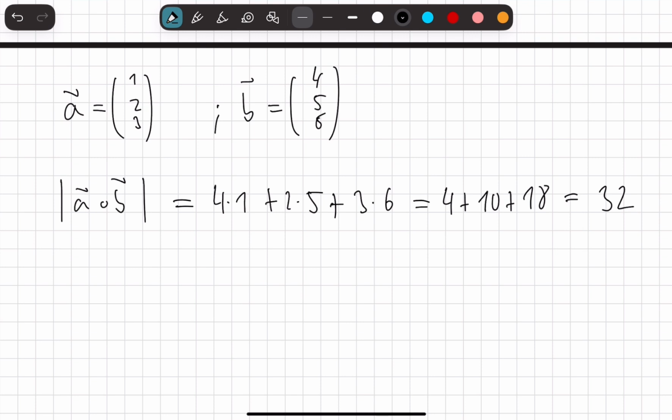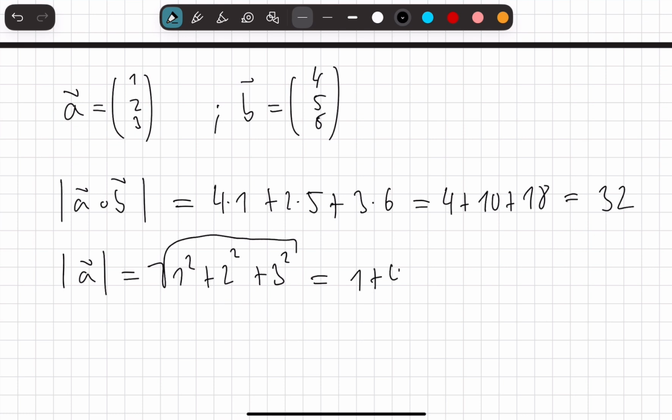And now we have to find the length of the vectors. The length of the vector a is the square root of 1 squared plus 2 squared plus 3 squared, that's 1 plus 4 plus 9, which is the square root of 14.